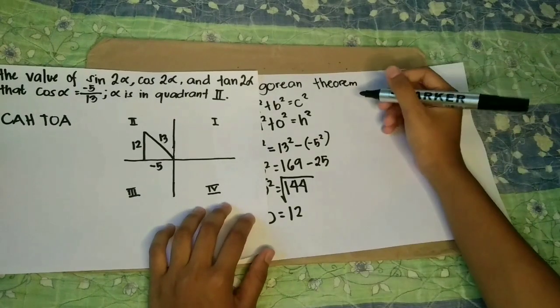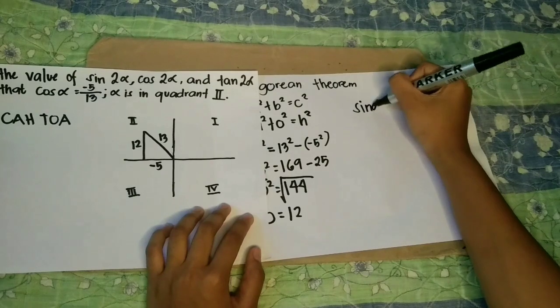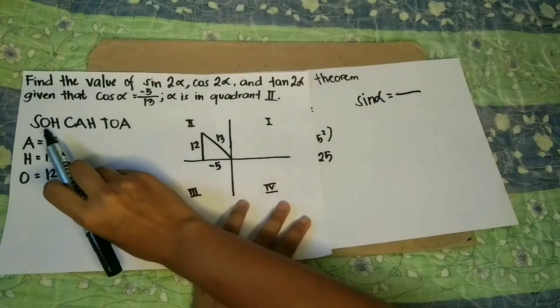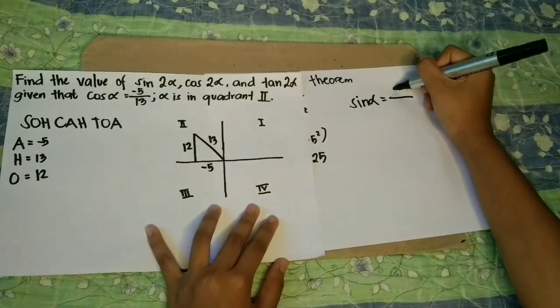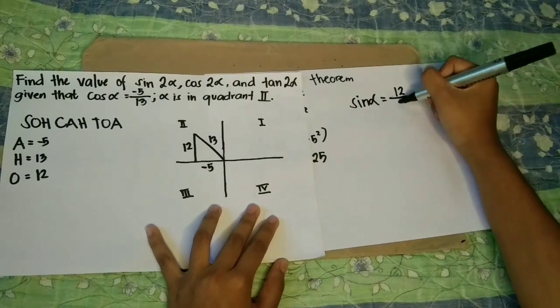So the sine alpha is, since we use the opposite over hypotenuse, the opposite here is 12 and the hypotenuse is 13.